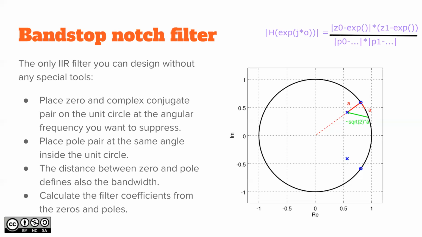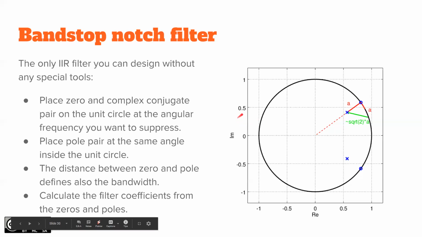Great. That is just great. So practically we can define, for example, the 100 hertz point here, and then by the bandwidth requirement we calculate the minus 3 dB point, and that's the distance of that pole to the unit circle.